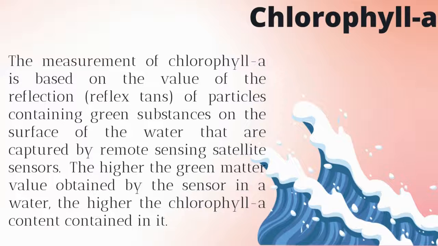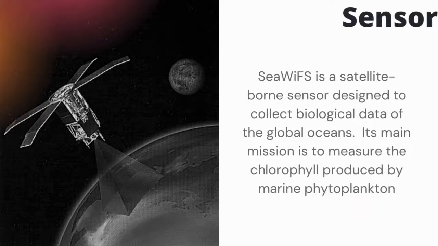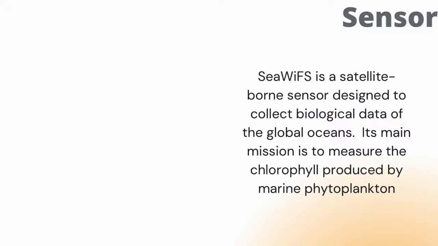The higher the green matter value obtained, the higher the chlorophyll A. Which sensor is used? The sensor is SeaWiFS, a satellite-borne sensor designed to collect biological data of the global oceans, and its main mission is to measure the chlorophyll produced by marine phytoplankton.